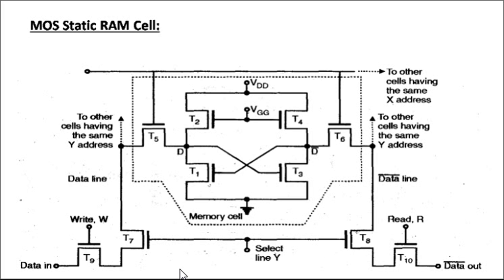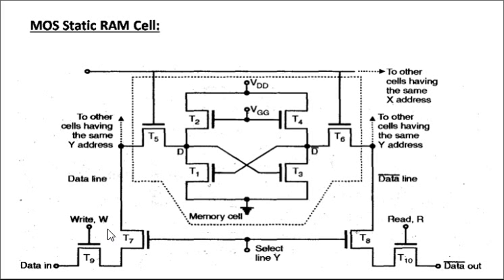Now, when will the write operation and the read operation be active? The write operation can be enabled by making W, the write enable signal, high. If the data in signal is logic 1, node D is also at logic 1. This turns on T2 and T1 is cut off.